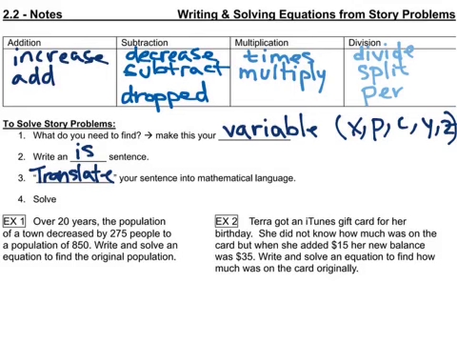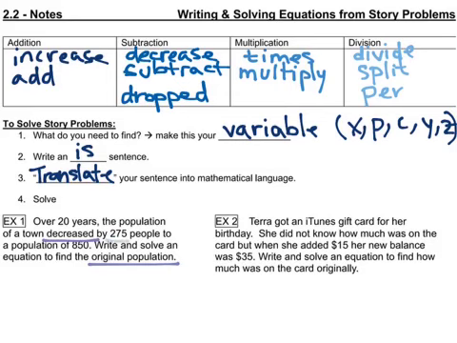Example 1. Over 20 years, the population of a town decreased by 275 people to a population of 850. Write and solve an equation to find the original population. So I underlined a couple important things there.